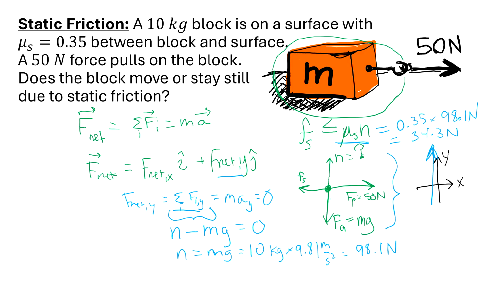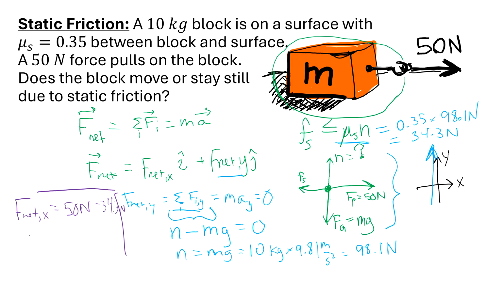And actually, let's do this in another color, over here. So we did the y, we can do the x as well. F net x is equal to, if we sum all the x values, 50 newtons, the F P, minus, since friction is leftwards, minus the 34.3 newtons.